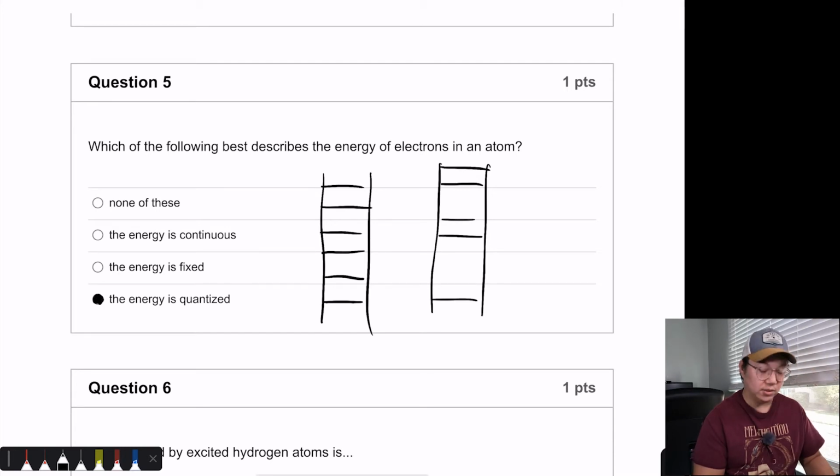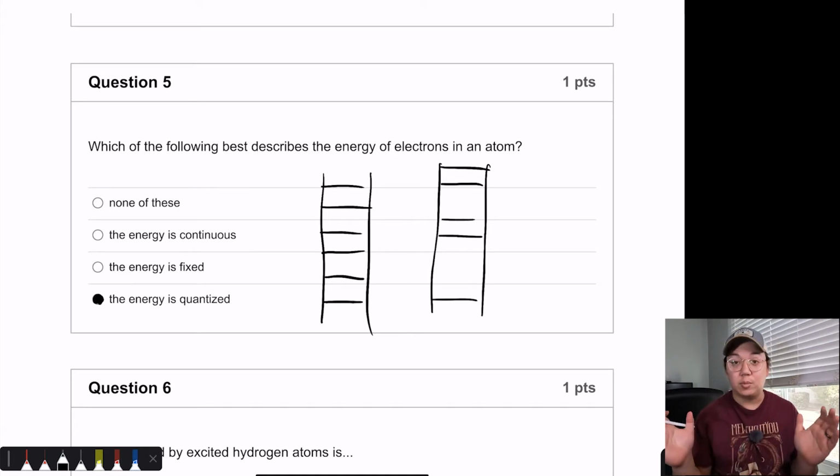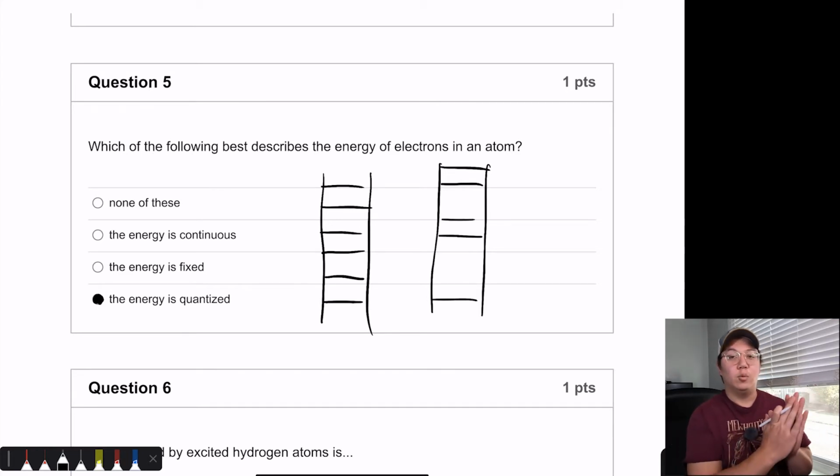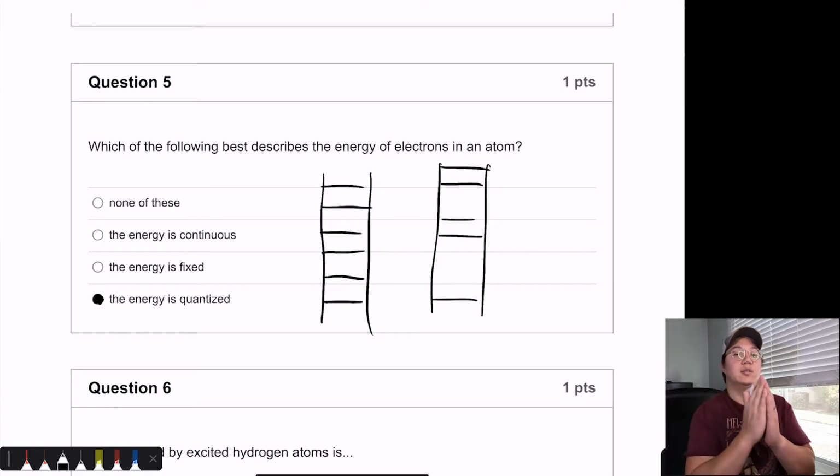It can only exist in certain levels. And that's what was observed, and what Niels Bohr's original model explained was that the light spectrum observed when exciting hydrogen was caused by these individual discrete levels of energy that were able to be occupied by the hydrogen's single electron.